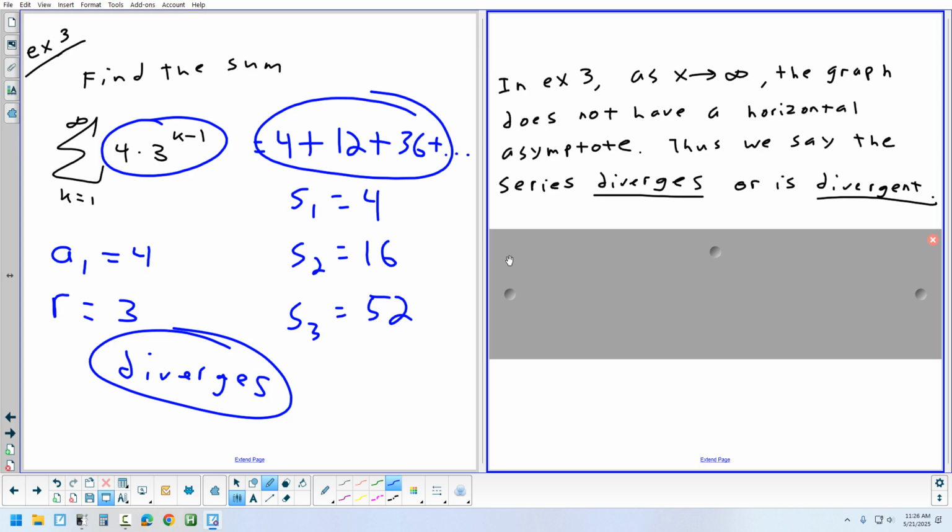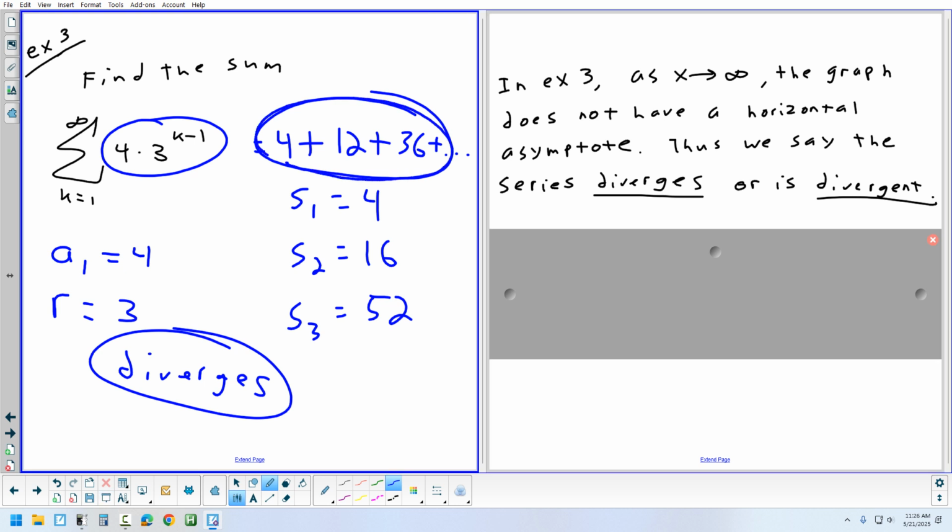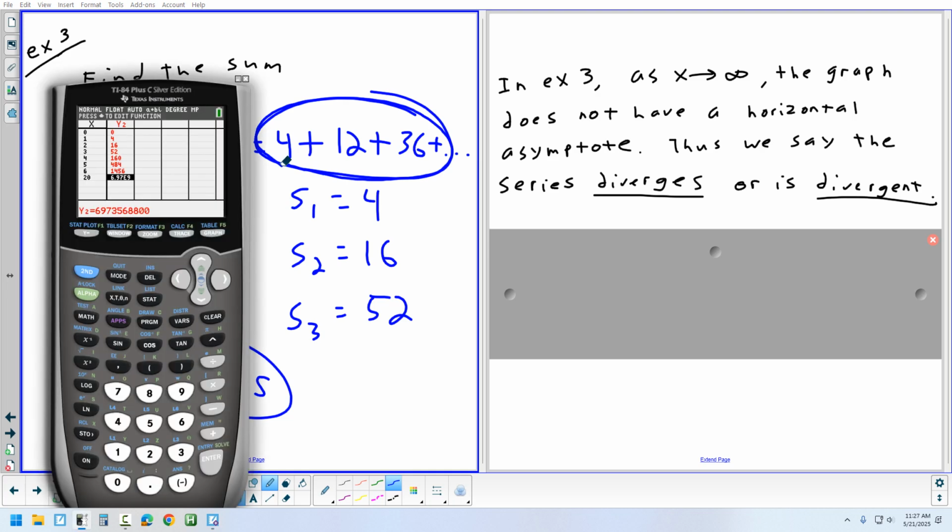So this is what we call divergent. You can say it diverges or it is divergent. And the reason behind it being divergent is because the terms of the series being generated are getting bigger and bigger. They're not getting smaller and smaller. So visually, there is no horizontal asymptote I can draw in that picture.